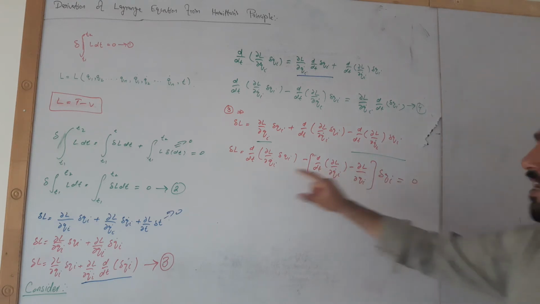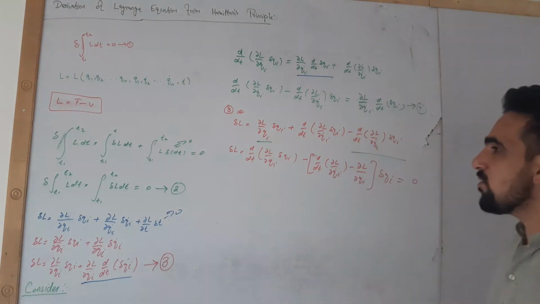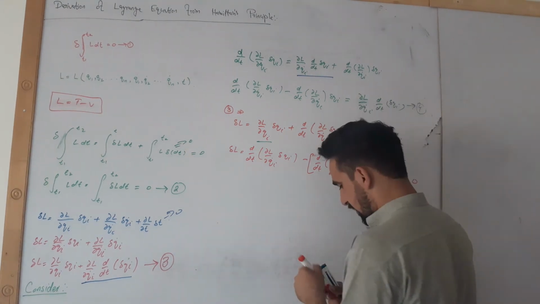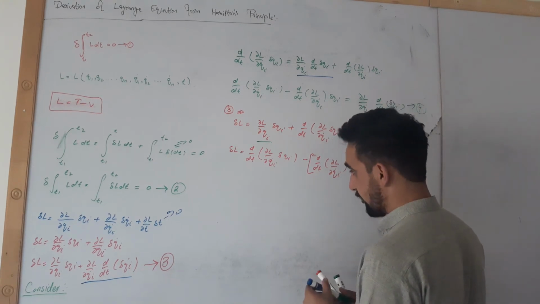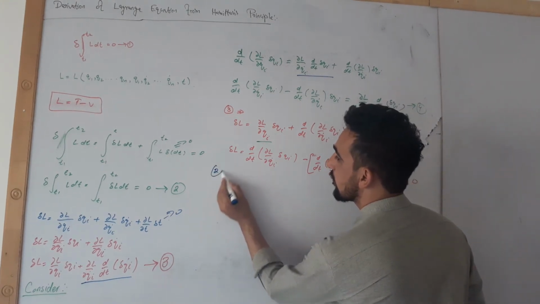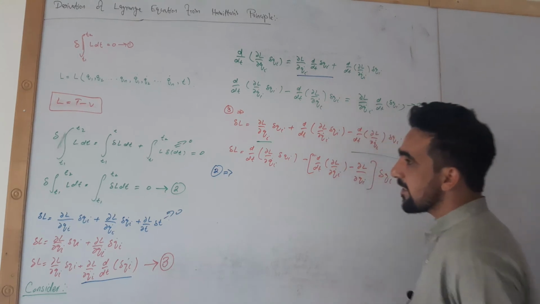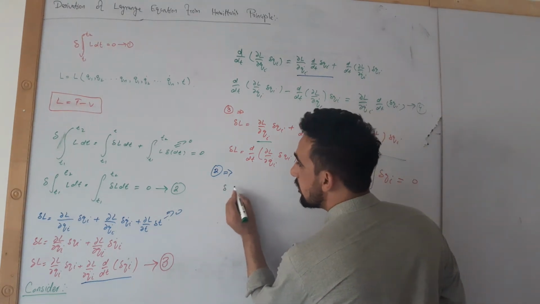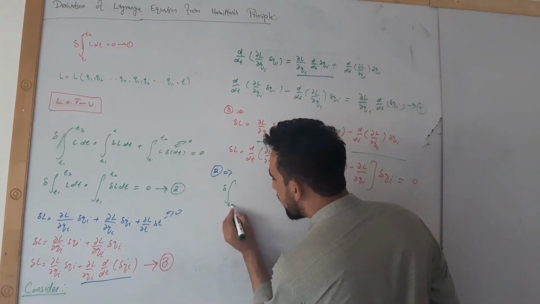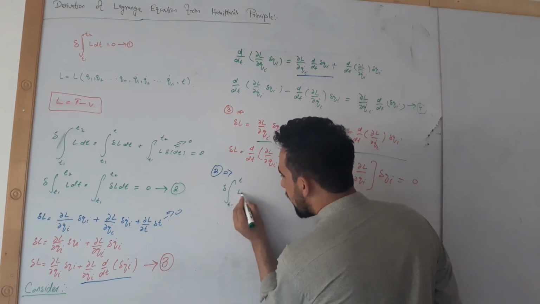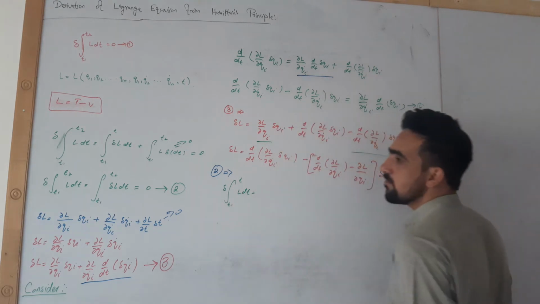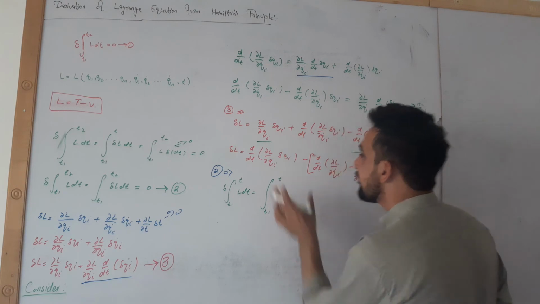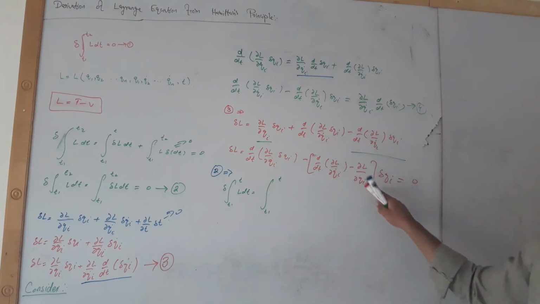Now substitute this value in equation number 2, and equation 2 will imply that integral T1 to T2 del L dt is equal to integral T1 to T2 of these terms, first and second.